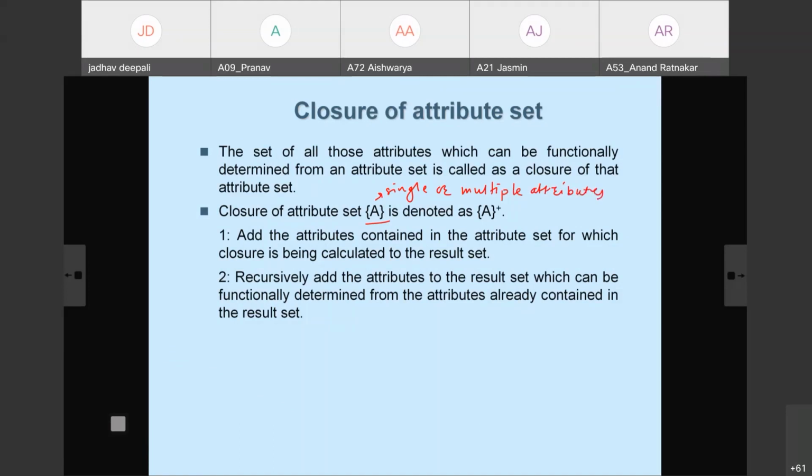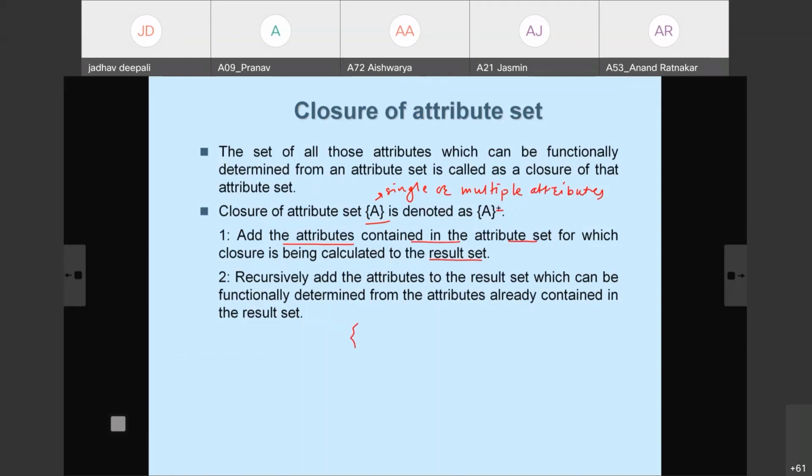Closure of attribute set A is denoted by A closure, that is A superscript plus. Now the steps to identify the attribute closure. First, add the attributes contained in the attribute set for which the closure is being calculated to the resulting set.